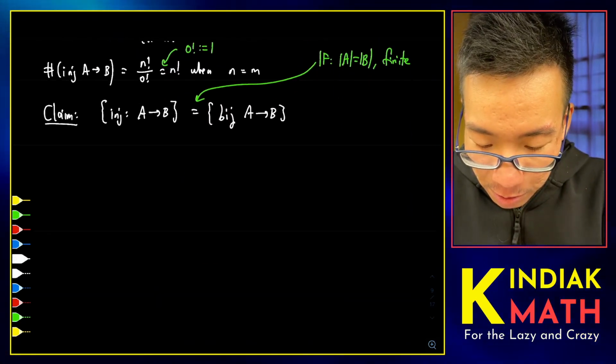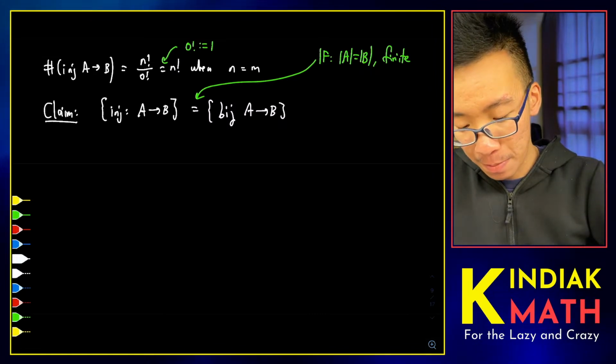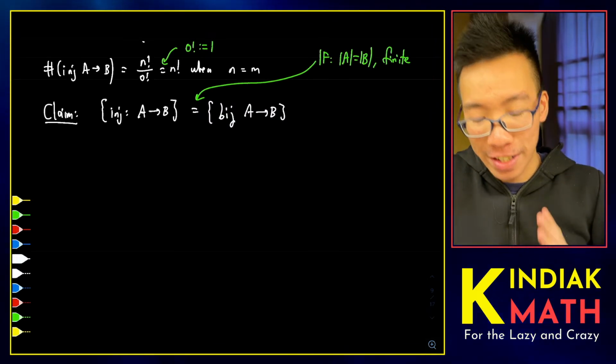Now we do have a few results from the stream on cardinality.